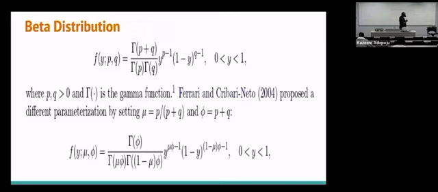Because of that, Ferrari and Cribari-Neto, 2004, proposed a different parameterization. The mean is going to be p over p plus q. When y follows a beta distribution, the mean is p over p plus q, then phi equals p plus q.